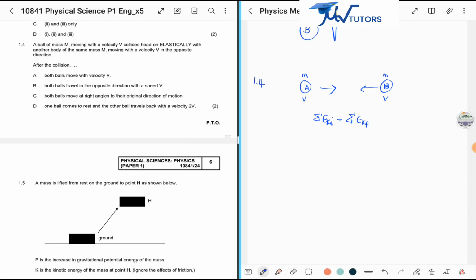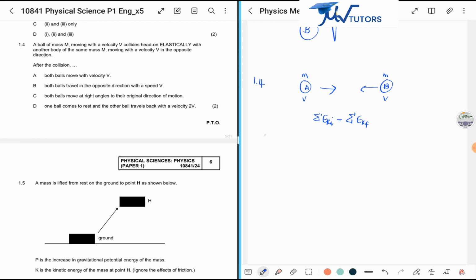They do travel in the opposite direction. But now they're not telling us, this is after the collision. Oh, okay. After collision, both balls move with velocity v. No, remember velocity is also a vector. It has both magnitude and direction. So yes, they have the same magnitude v, but not the same direction.